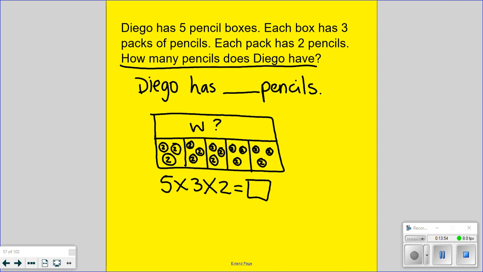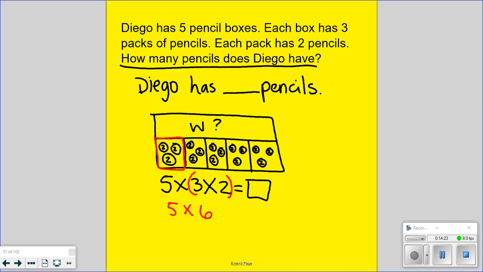Sure. Now, Colby said, hey, couldn't I just figure out the number of pencils first? Colby wanted to put 6 in this box. Because I'm assuming, Colby, you know that 3 groups of 2 is 6, right? So Colby did this. 5 groups of 6. Will that work?